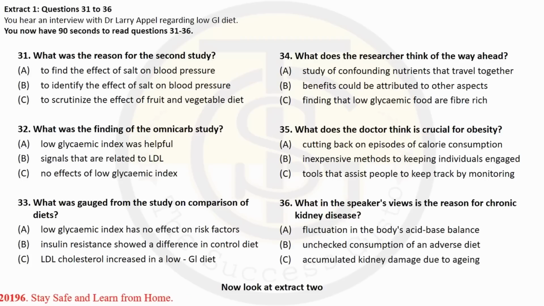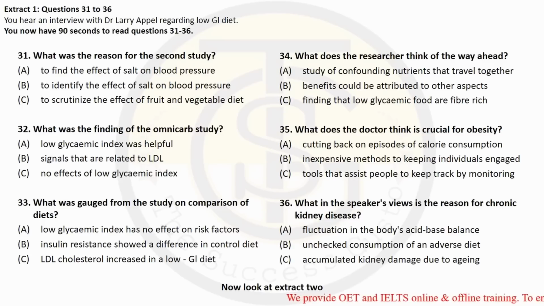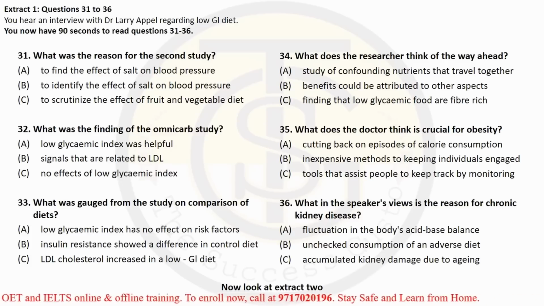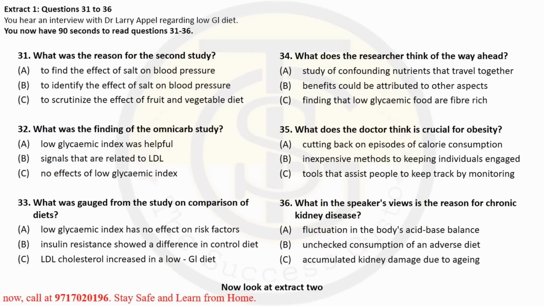It was one of the diets that had the low glycemic index. LDL cholesterol seemed to go up, which is the form of cholesterol that is considered bad. I think Frank Sacks argues that the categories of food around low glycemic index, it may well be the fibre in them that's the issue. Yeah. See, this is a common issue with studies of diet or food or nutrients, that nutrients don't come in isolation. They're what they call confounding.